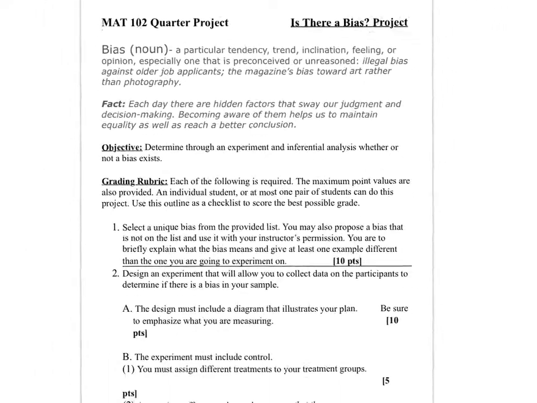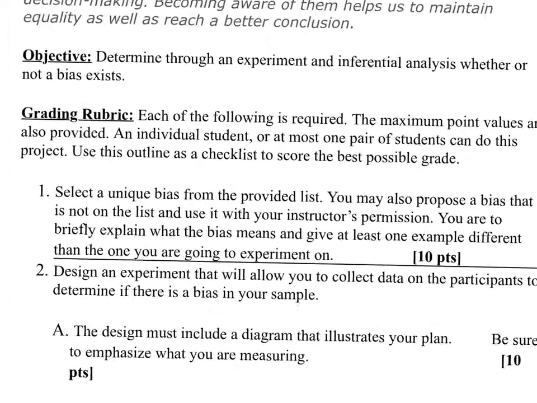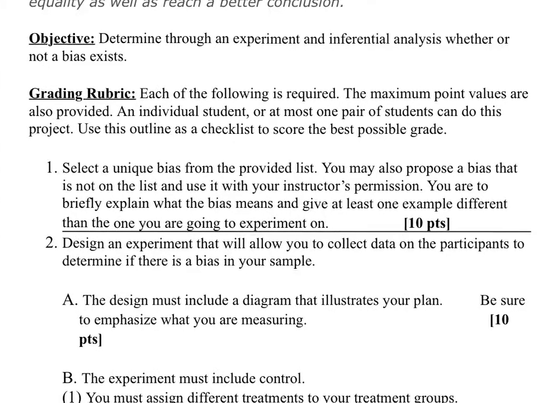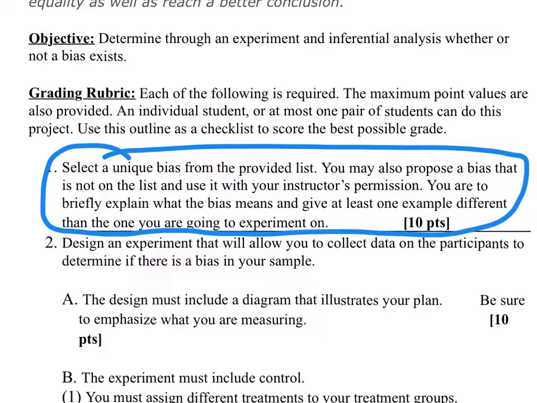This document that you're given gives you a step-by-step scoreboard on what you are actually going to be graded on and how many points each part will be worth. It begins with you selecting one of the biases from the list of biases that are in the documentation.